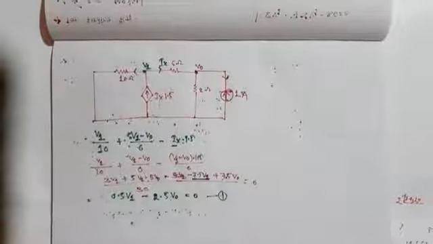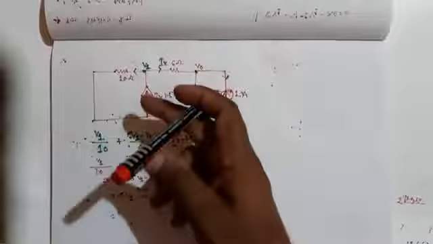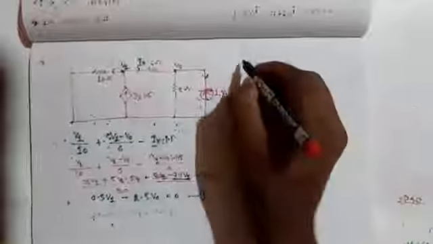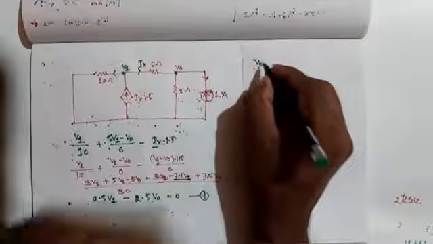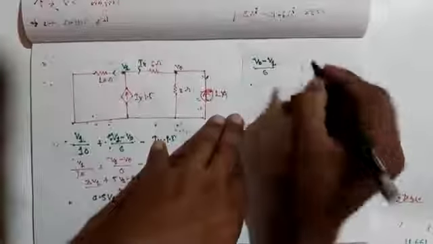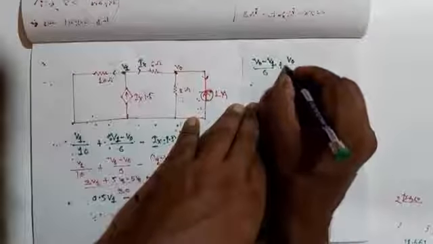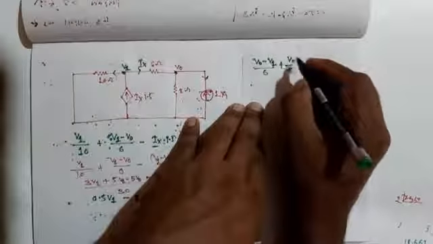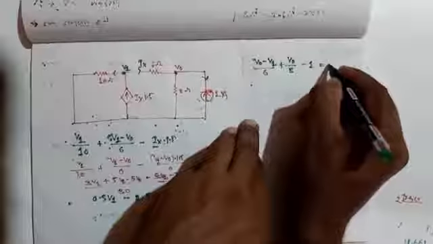Next, apply the node equation at V0. This is (V0 minus V1) divided by 6, plus V0 by 8, then this current is upward, so minus 1, equal to 0.